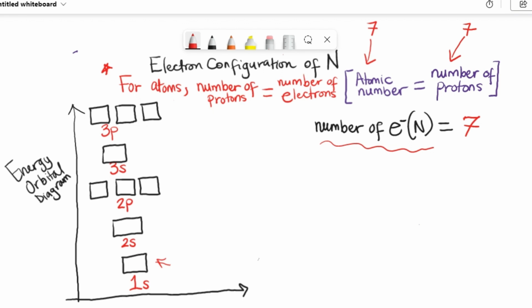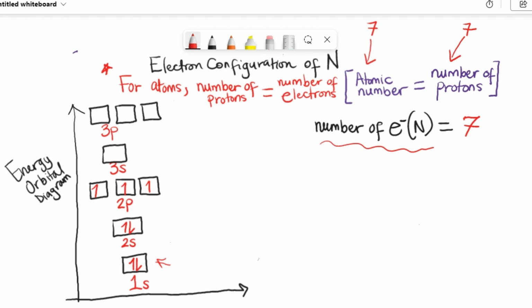So we have to plug in the number of electrons in each one of these orbitals, two per box, from the lowest energy level 1s up until you use all of the 7 up. So let's start. I'll start with 1 electron, 2 electrons, so only 2 electrons per orbital, 2 electrons per box. Then you have 3, you have 4, you have 5, you have 6, you have 7.